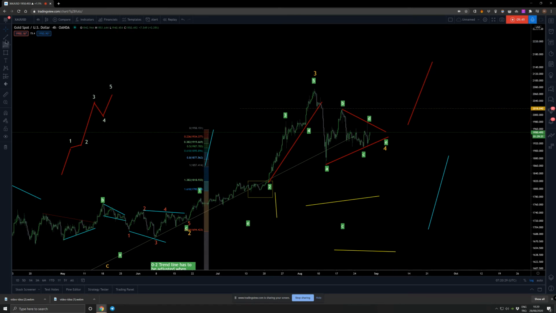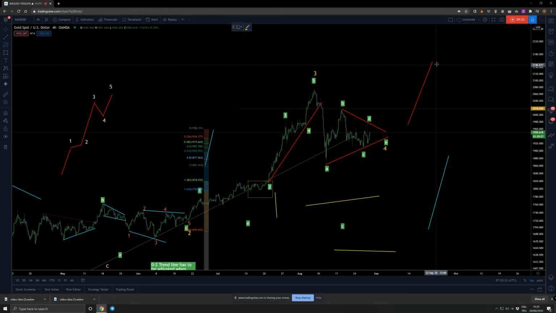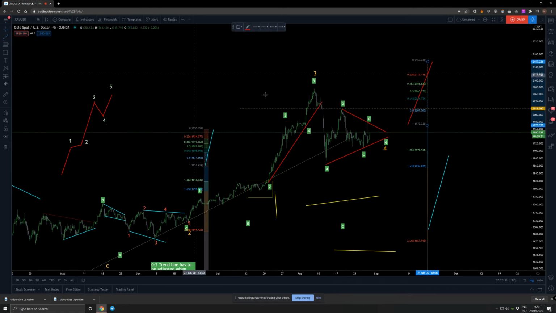Well, usually you will have a fifth wave that has a Fibonacci relation between the first wave and the fifth. Look, if we take this 0.618 and let's say that it ends here, okay, look, we don't make a new high, then we have a problem. Then it means we will most likely have 1.618.